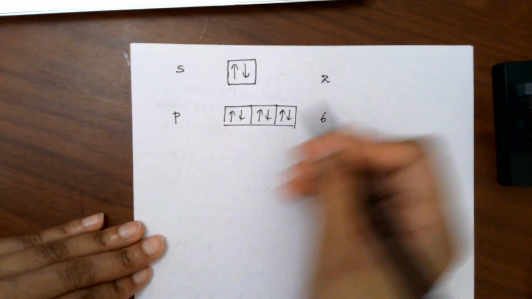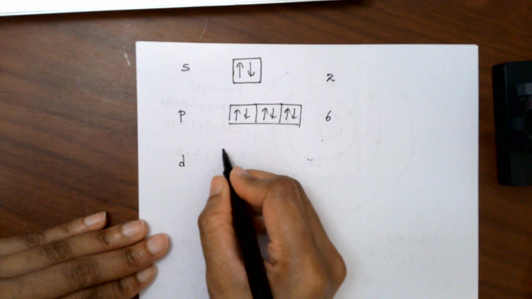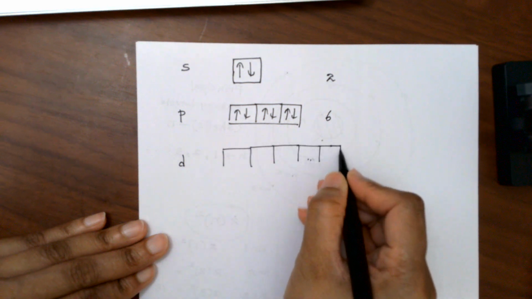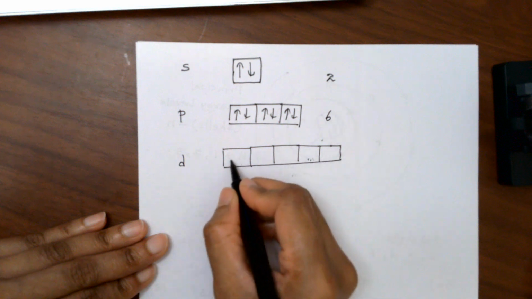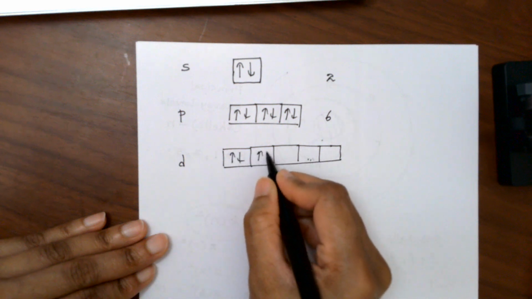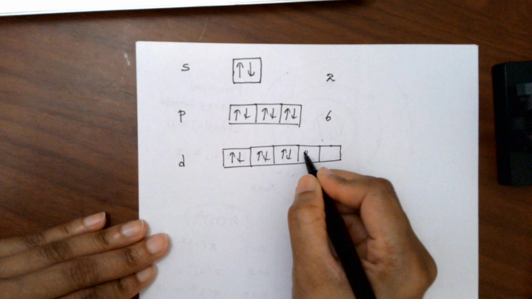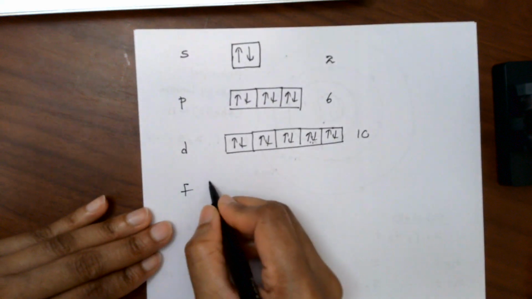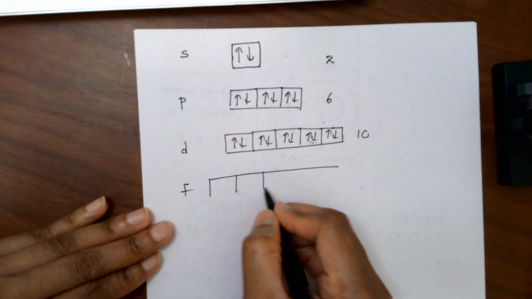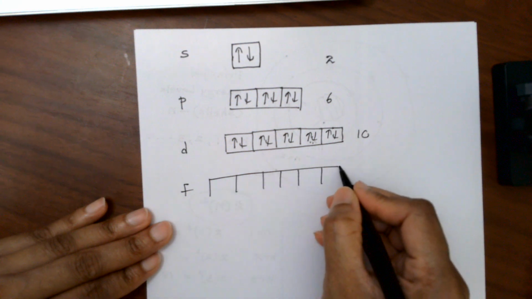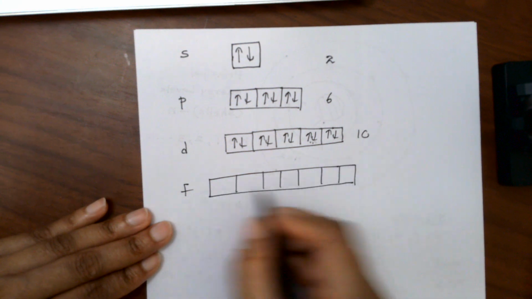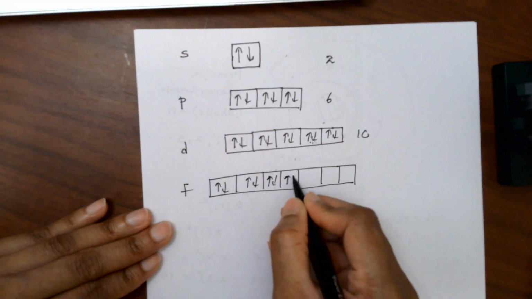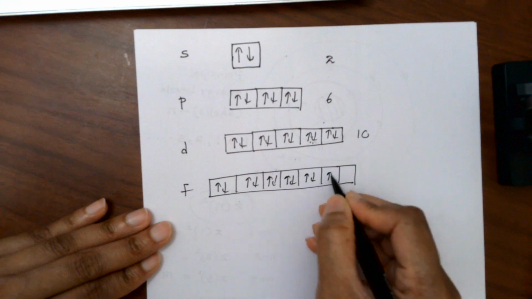And d orbitals always have a set of 5, and in each box there are 2 electrons, so the total is 10. And f orbitals exist as 7, 1 to 7. Each box again has 2 electrons, so the total is 14.